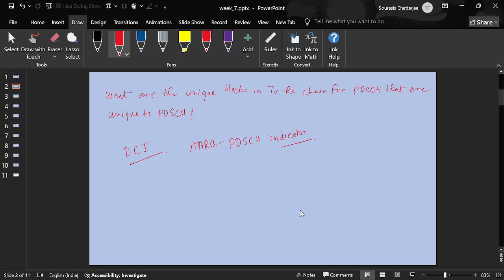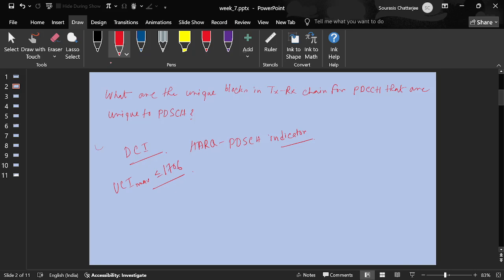So when it comes to uplink control information, what is the maximum length possible? Let me write it down. UCI max is less than 1706. Fine.